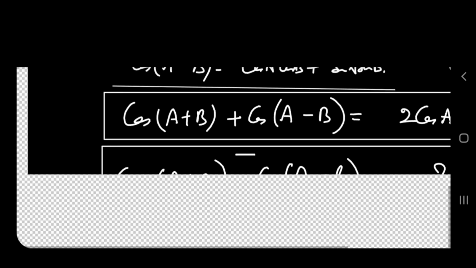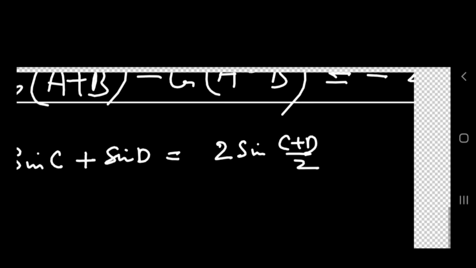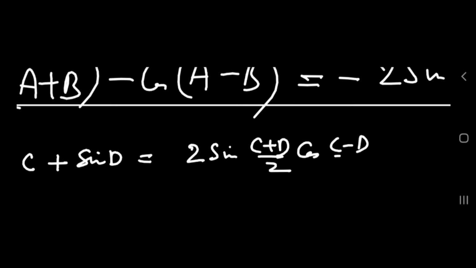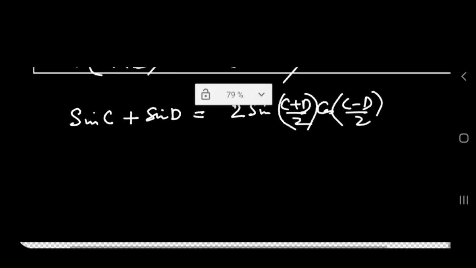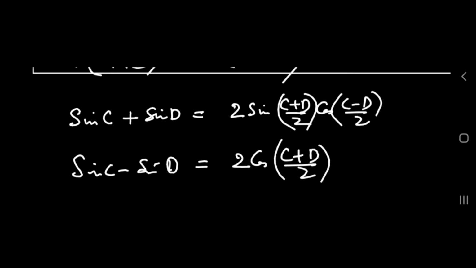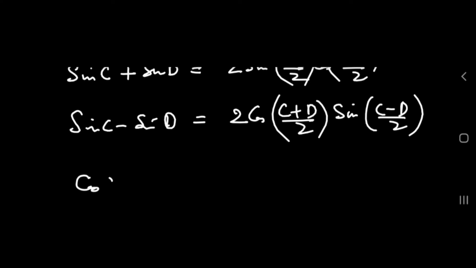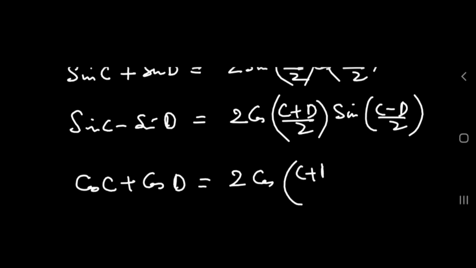Okay, so let's check. It will be 2 sin((C+D)/2) cos((C−D)/2). If I subtract, I'll get the D part. Similarly, sin C − sin D will be 2 cos((C+D)/2) sin((C−D)/2). Similarly, cos C + cos D gives 2 cos((C+D)/2) cos((C−D)/2).